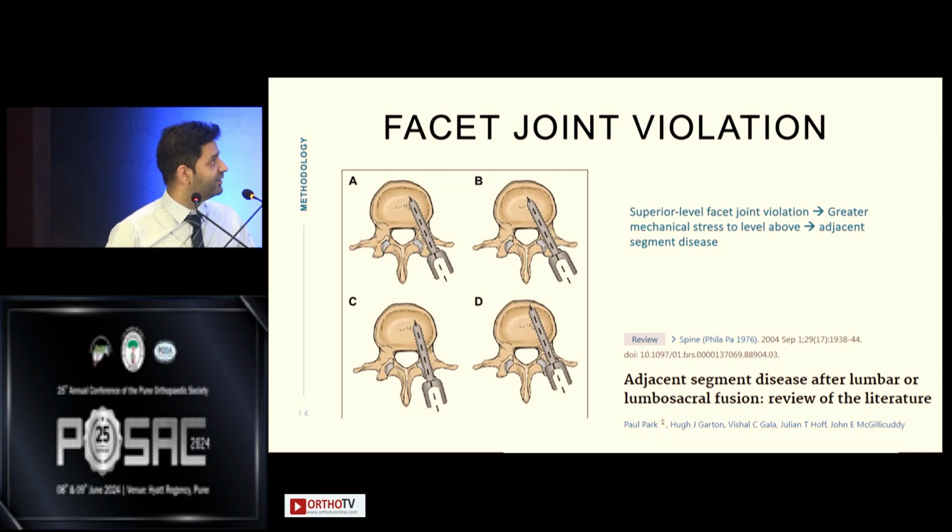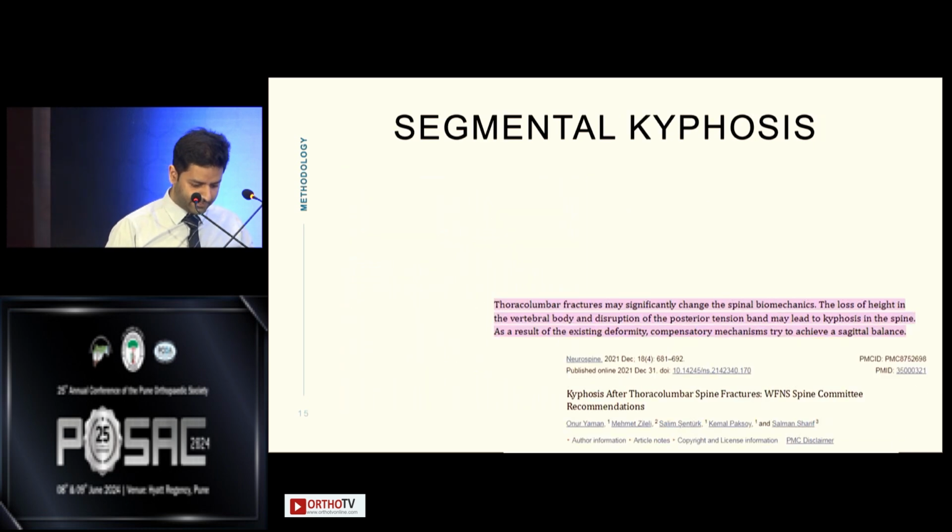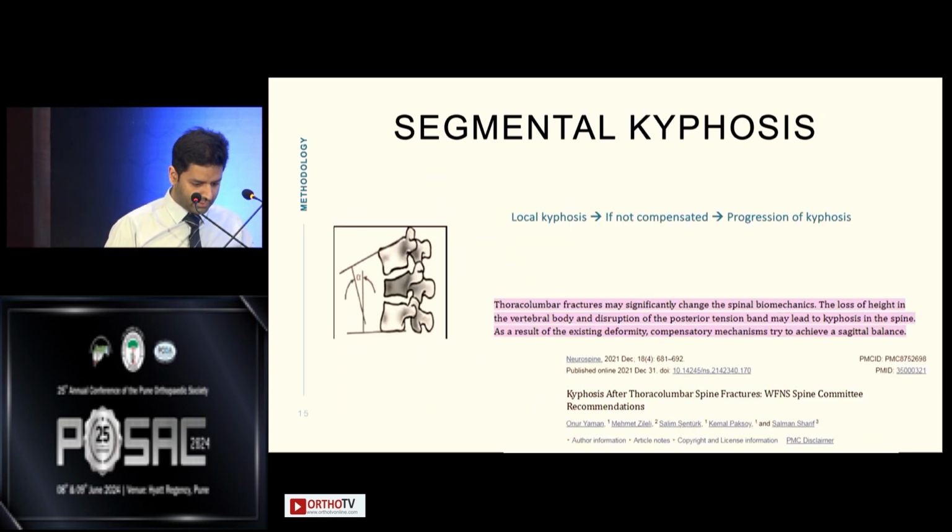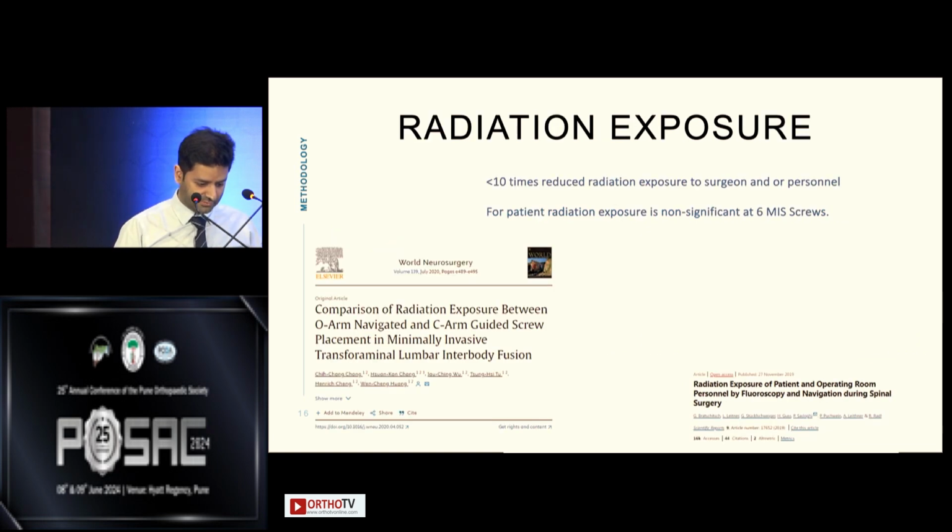If the superior facet is violated, there is greater mechanical stress and adjacent segment disease. Segmental kyphosis also: if we can't readjust the kyphosis to less than 11 degrees, then studies suggest it will lead to loss of compensation, progression of kyphosis and loss of sagittal balance.